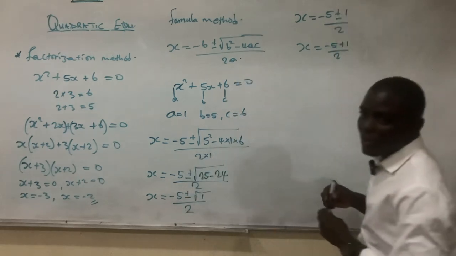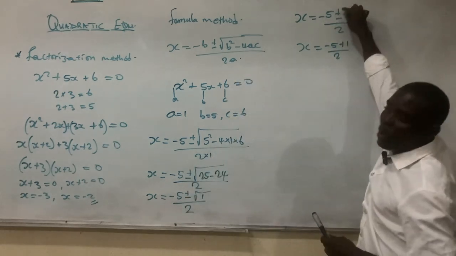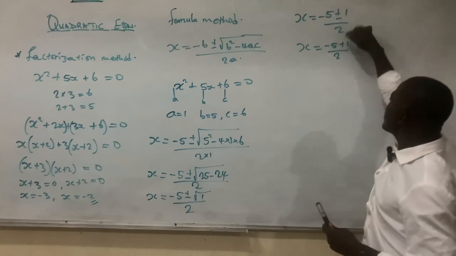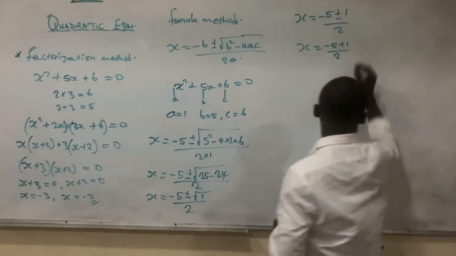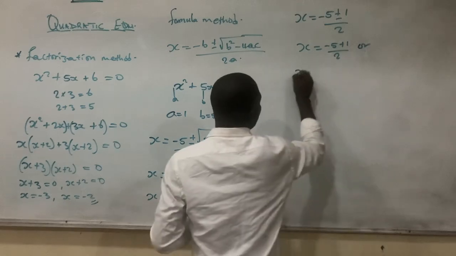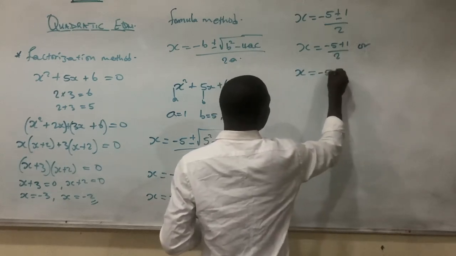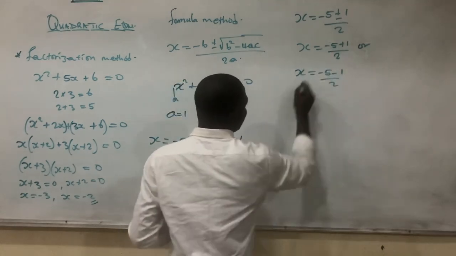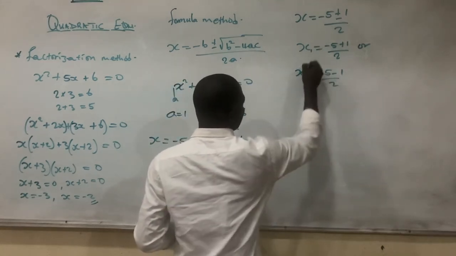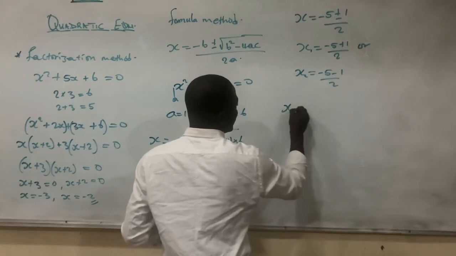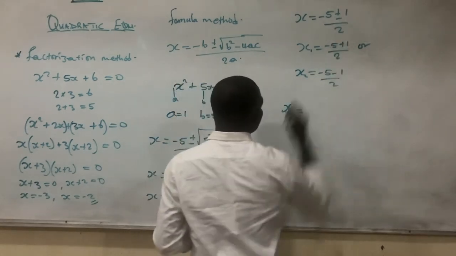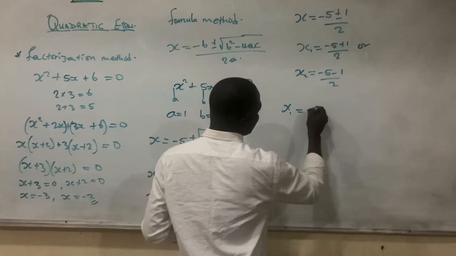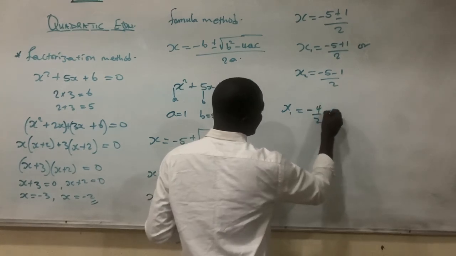Plus or minus simply means that we have two operations there. We use plus first, or we use minus: x equals minus 5 minus 1 divided by 2. The first one is x1, the other is x2. Our x1 will become minus 5 plus 1, which gives us minus 4 over 2.